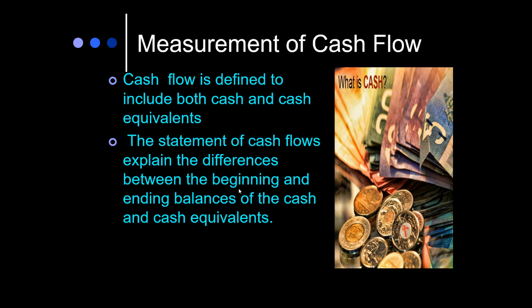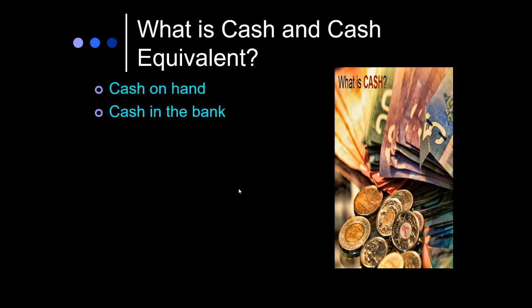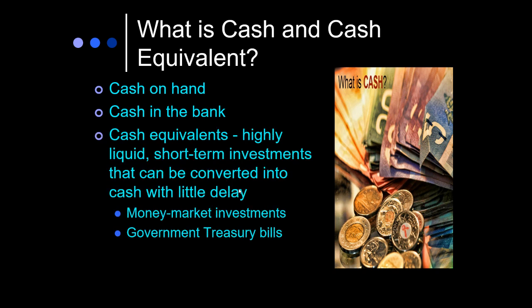So the statement of cash flow explains the differences between the beginning and the ending balances of the cash and cash equivalents. So what are considered as cash and cash equivalents? Cash on hand and cash in bank is cash.